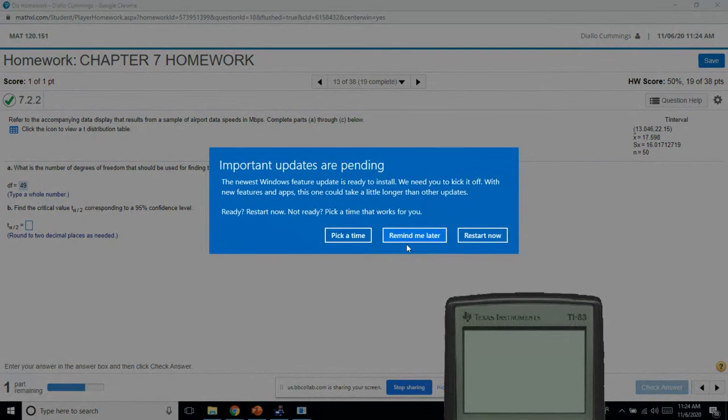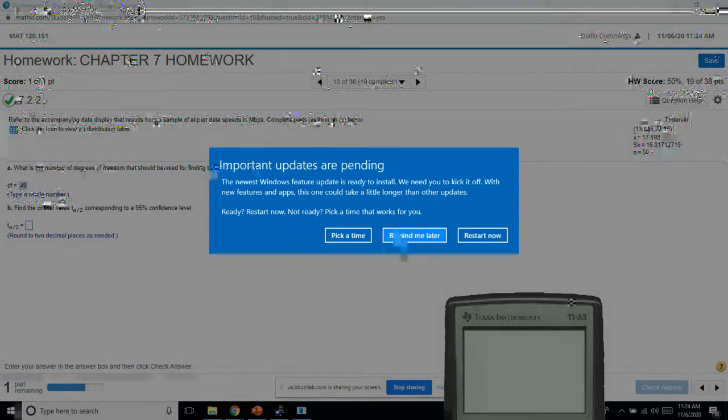Now, how can we calculate the critical value for a 95% confidence level?